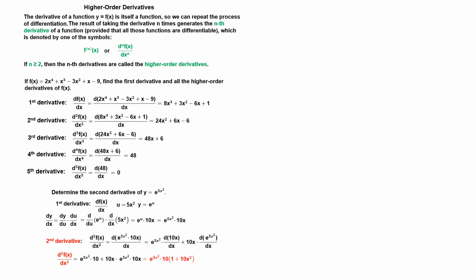Let's see the next example. Determine the third derivative of the function. To compute the first derivative of this function, we begin with the chain rule, followed by the derivative of the natural logarithmic function and the power rule.